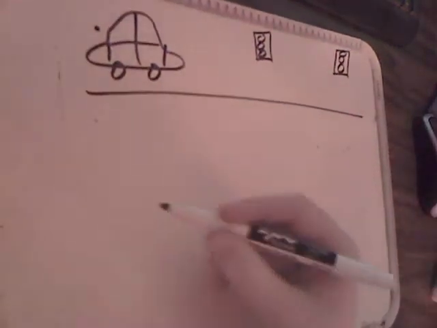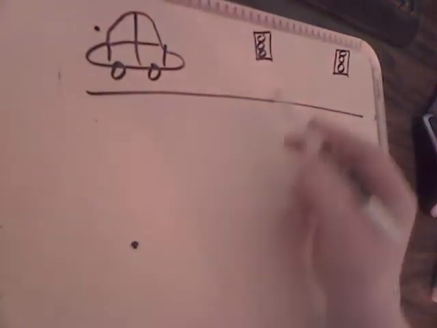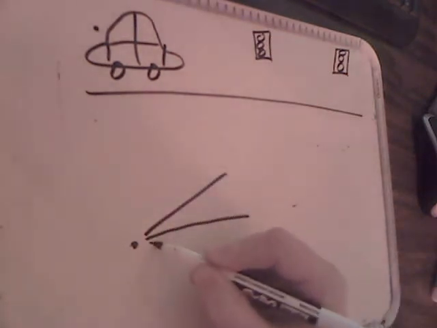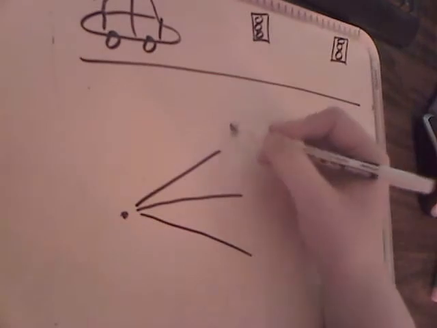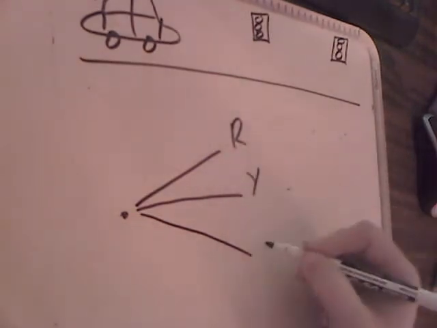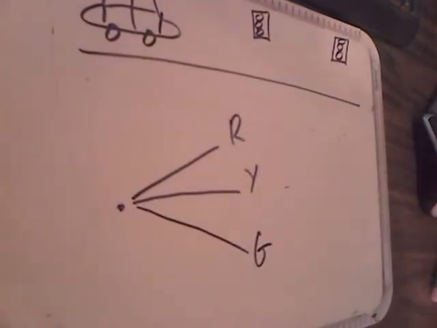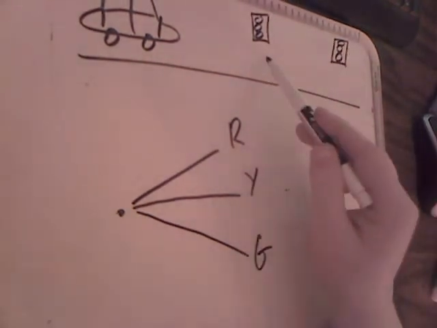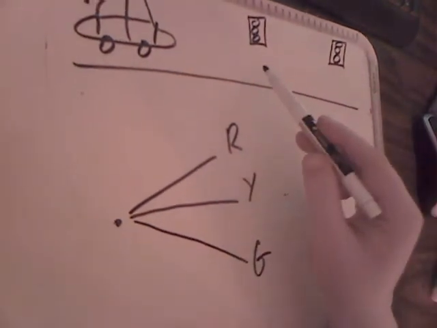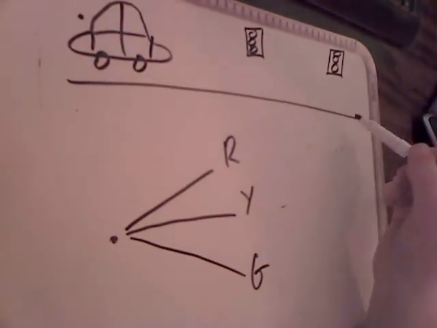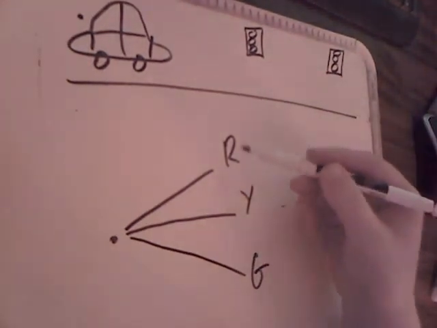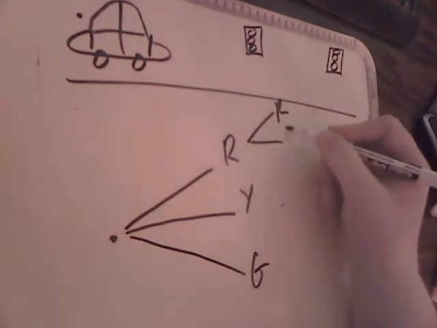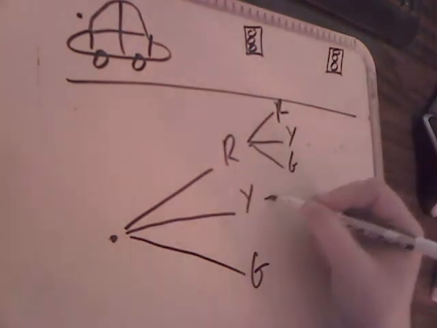When the car gets to the first stoplight, it might hit 3 different colors. And we all know that those colors are red, yellow, or green. Regardless of what color it hits, it will eventually go on and hit the second light. The second light, no matter what color the first light was, could be red, yellow, or green.